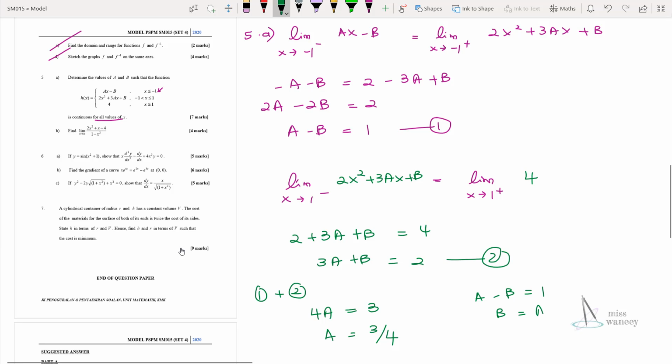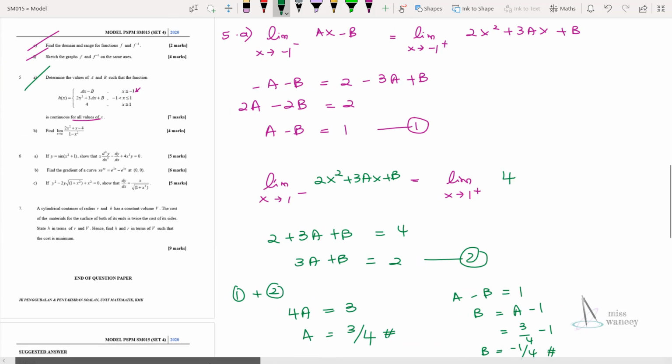So b will be a minus 1. So this one is 3 over 4 minus 1. Therefore, b is simply equal to negative 1 over 4. So that is the value of a and b. So done with 5a. And then the second one, find the limit of x approaching infinity.